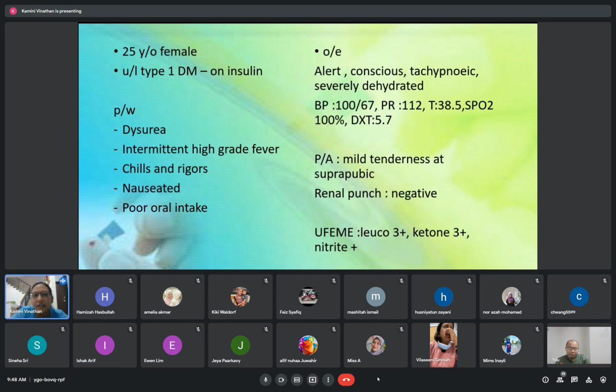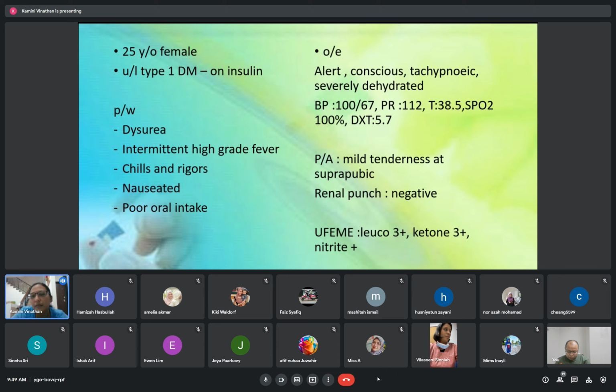A 25-year-old female with underlying DM type 1 presented with dysuria, intermittent high-grade fever, chills, rigors, nausea and poor intake. On examination, alert and conscious, tachypneic, severely dehydrated. BP 100/67, pulse rate 112, temperature 38.5, SpO2 100 and DXT 5.7.